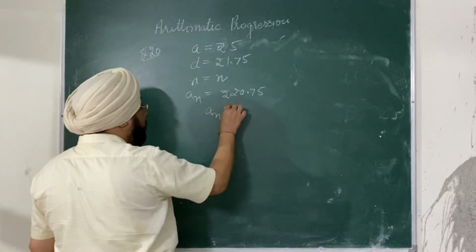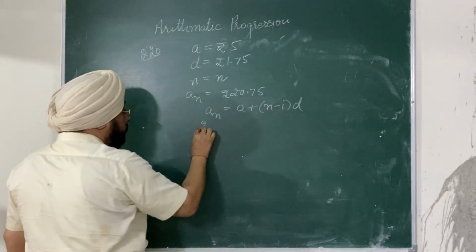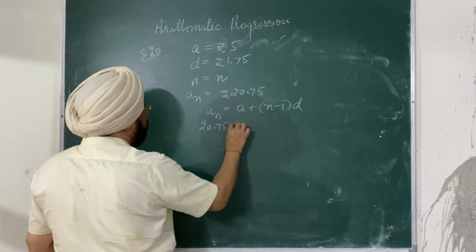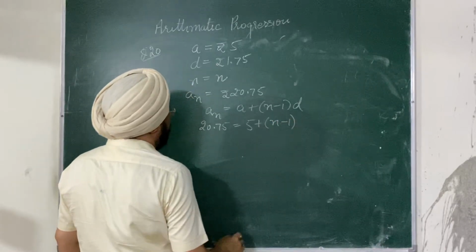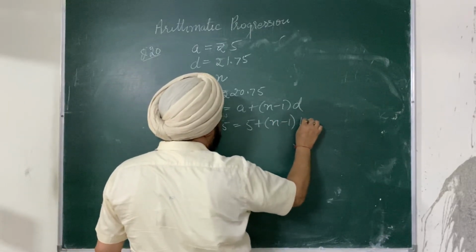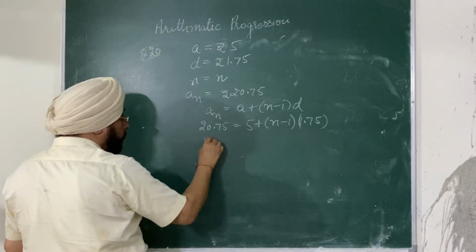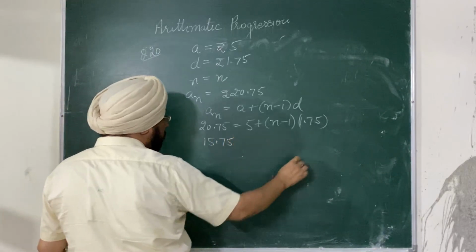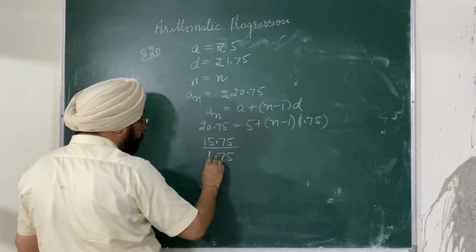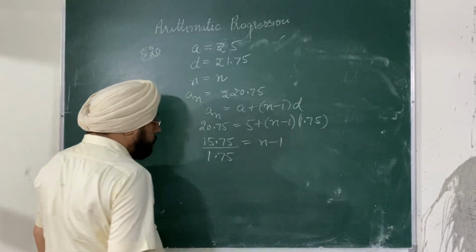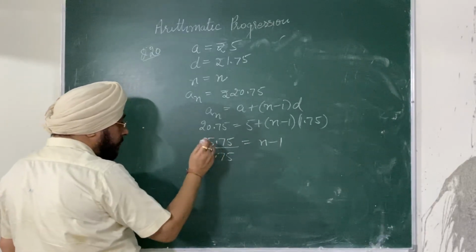Apply the formula an equals a plus n minus 1 into d. So this is 20.75, a is 5, n we have to calculate, and d is 1.75. Subtract 5 from here, we get 15.75 divided by 1.75 equals n minus 1. Since we have two numbers after the decimal, the decimal will be cancelled.